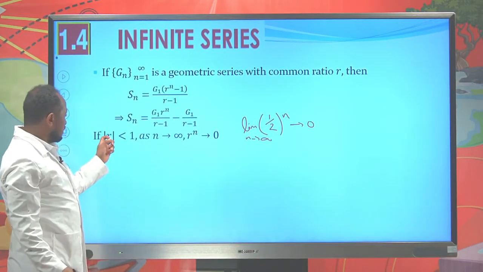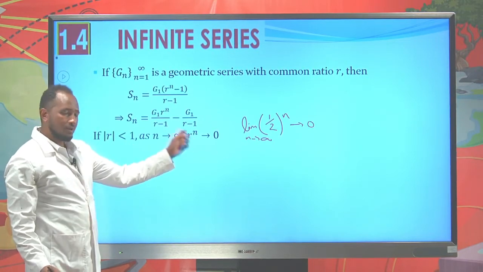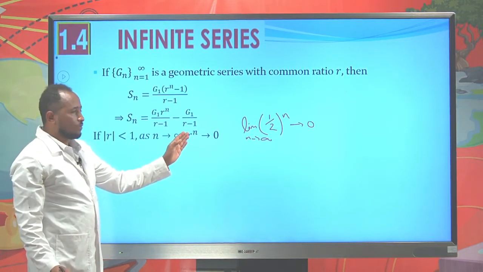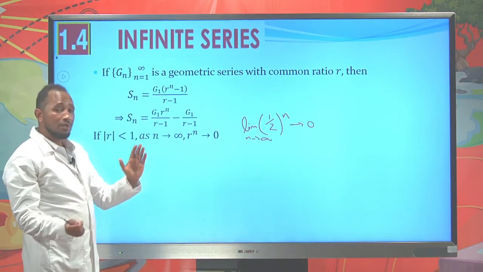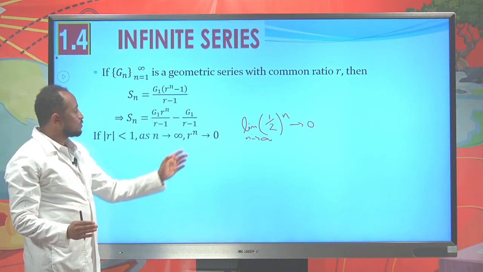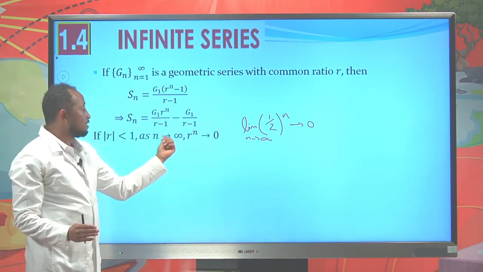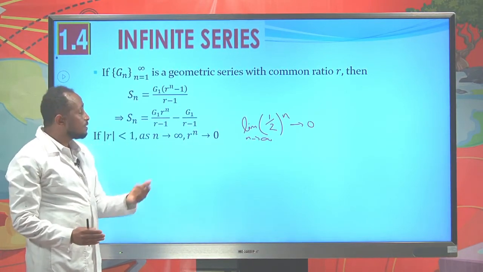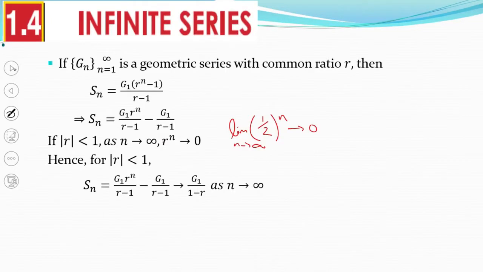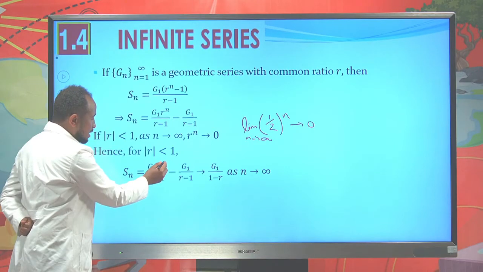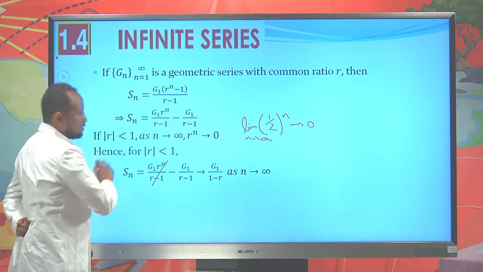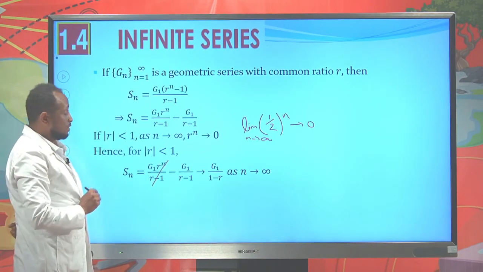Therefore, if r is a number between negative 1 and 1, then r to the power of n will go to 0 when n goes to infinity. So this part becomes 0.